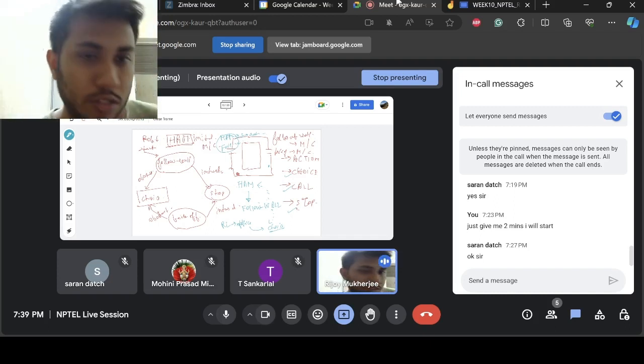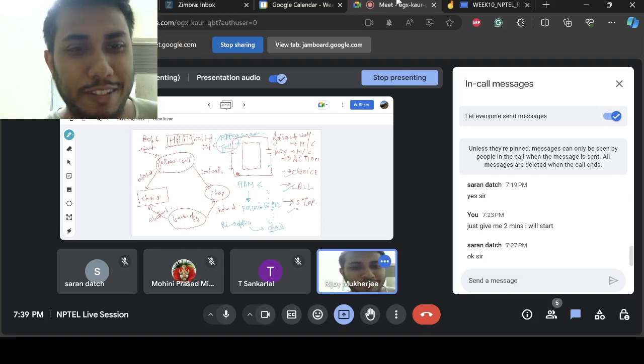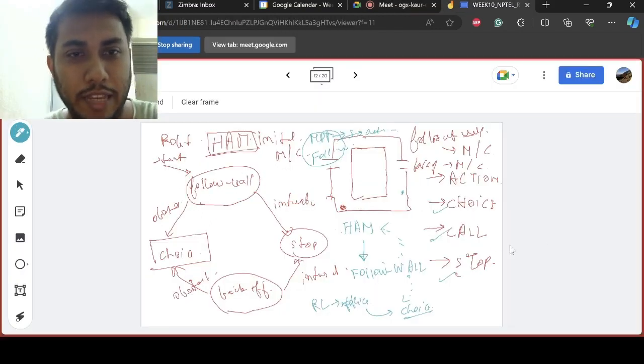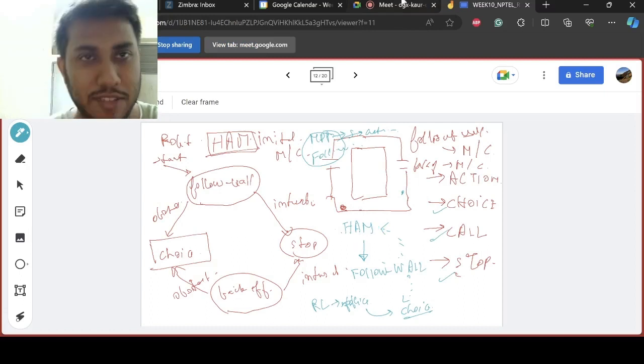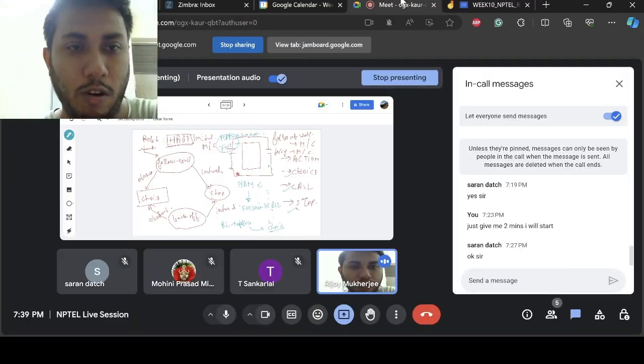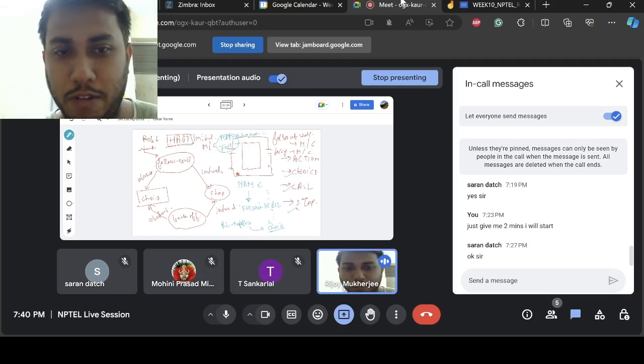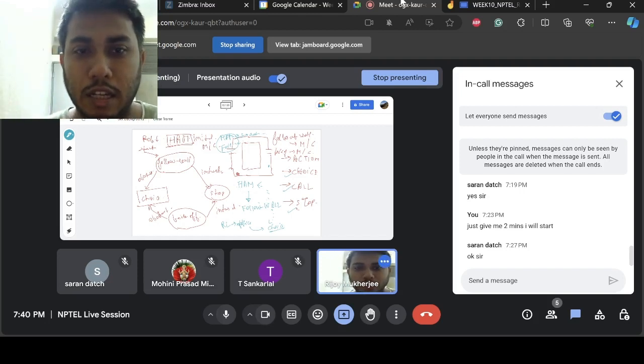So any doubt regarding this, you can ask. I know it is a little confusing. One way you can think about this calling of machines is like calling nested functions one after another, where you make a stack like this.